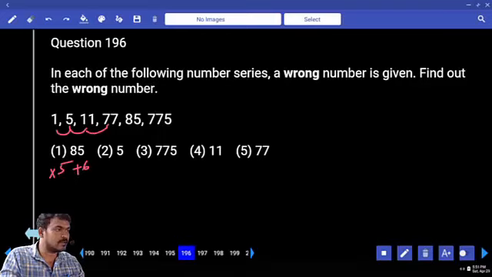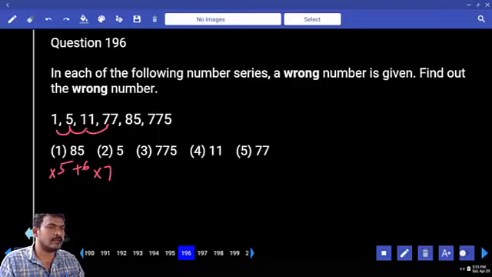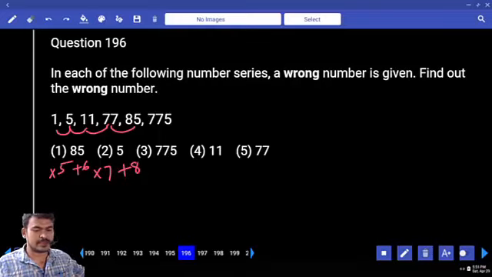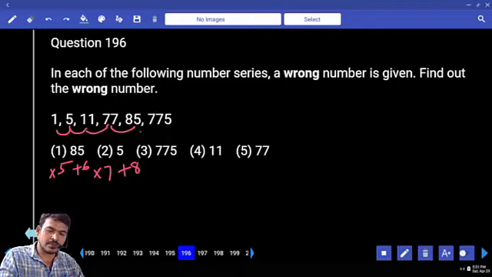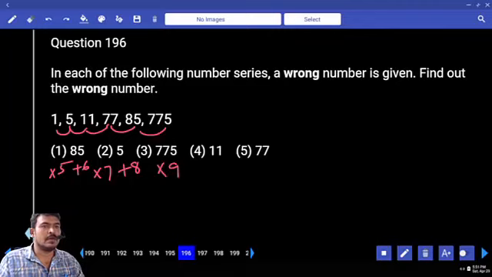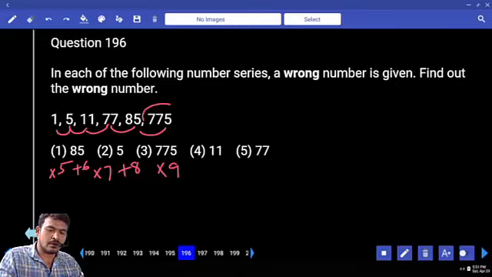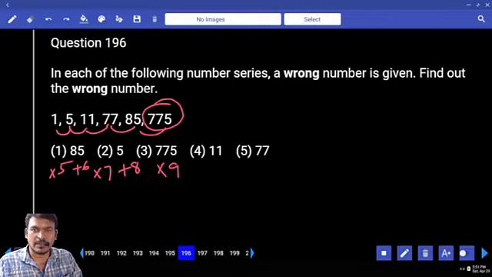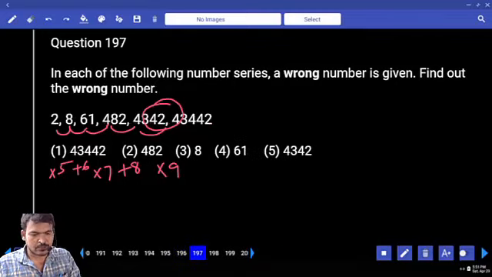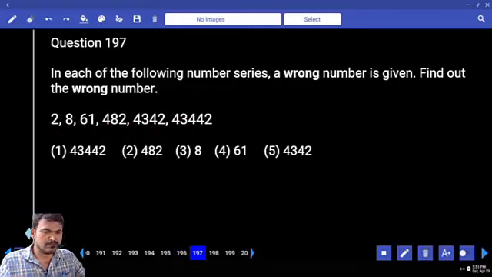From 11 to 77, it is times 7. Next, times 5 plus 6, times 7 plus 8. Next one, times 5 plus 6, times 7 plus 8, times 9: 85 times 9 is 720 plus 45, 765. The wrong number is 775.